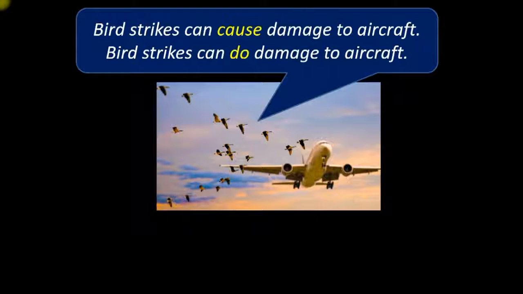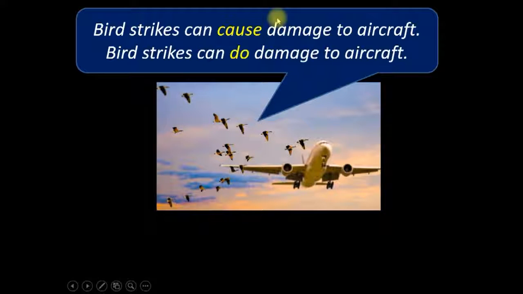First, let's think about this one. Let's look at verbs. Bird strikes can cause damage to aircraft. Or, bird strikes can do damage to aircraft. Notice that we can say cause damage or do damage. Both of these verbs collocate with the noun damage.